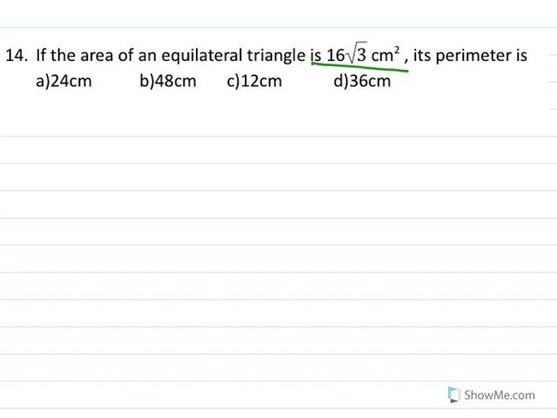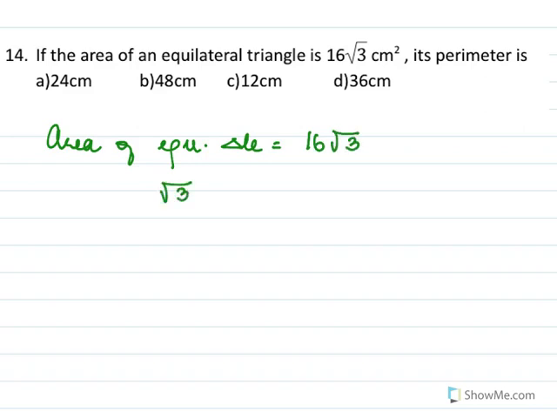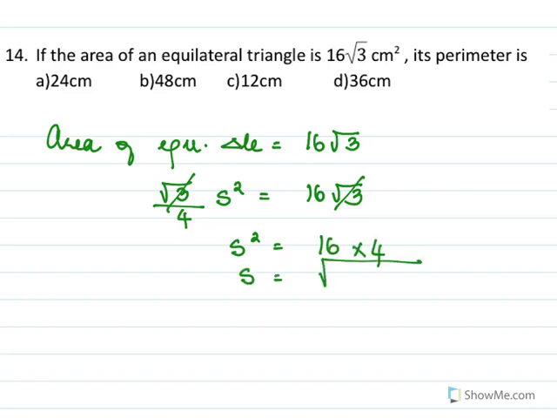If the area of an equilateral triangle is 16 root 3, find its perimeter. So the area of the equilateral triangle is 16 root 3. But the area formula is root 3 by 4 side squared, which is 16 root 3. So root 3 you cancel. So you get side squared equal to 16 into 4. Side is the square root of 16 into 4.